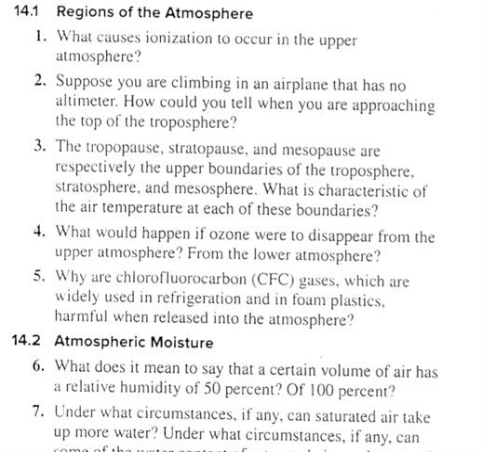What caused ionization to occur in the upper atmosphere? First of all, ionization of the air molecules does indeed occur. And it occurs because incoming solar radiation from the sun causes the molecules to ionize.